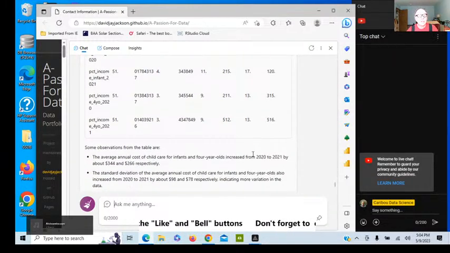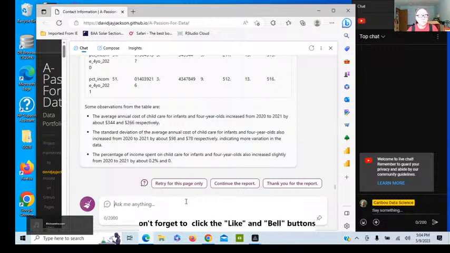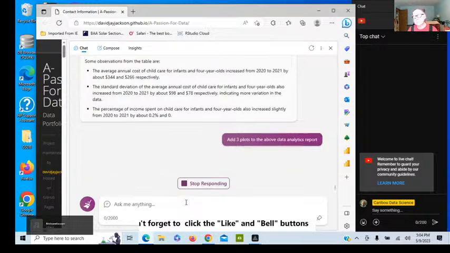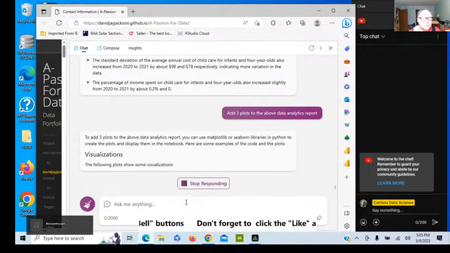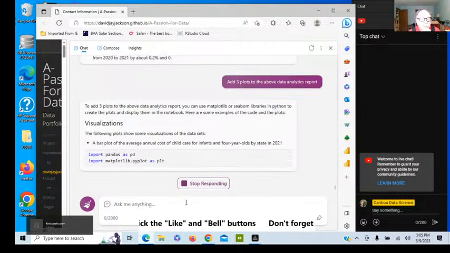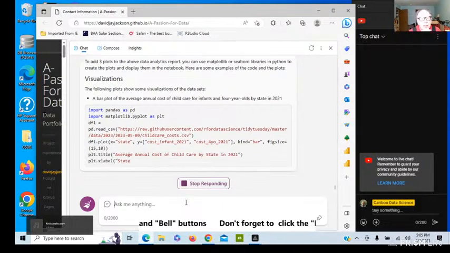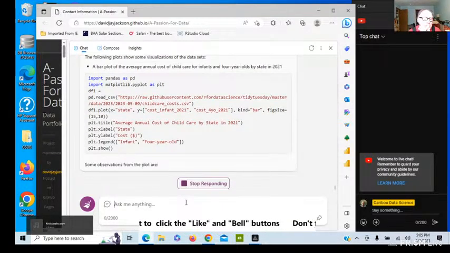I didn't create any plots. Yeah, so it doesn't look like it's actually going to create a report for us.